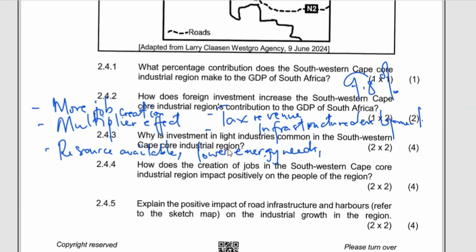And then we can also talk of less investment requirements. The light industries require less investment in terms of capital. So it makes it slightly easier for investors to focus on the light industries because of those given factors.